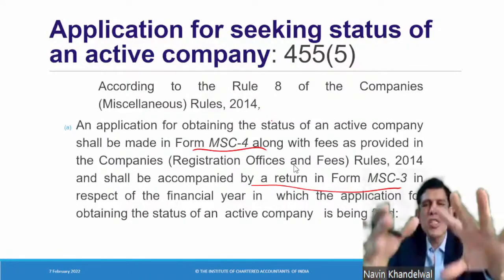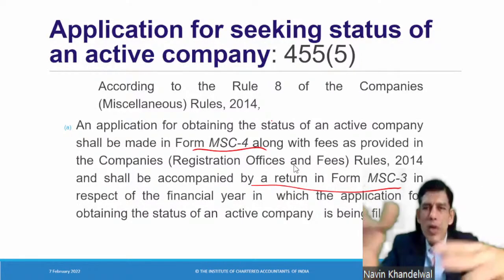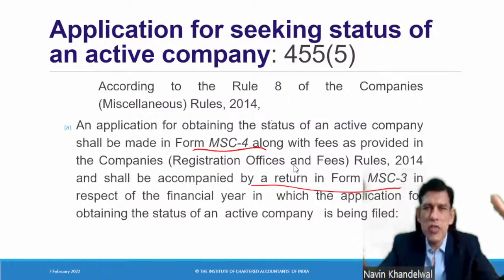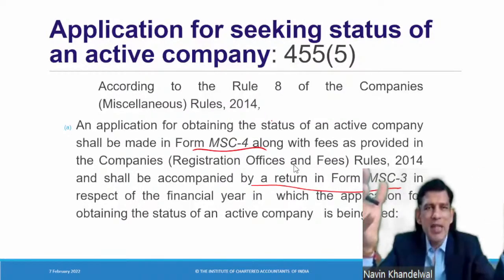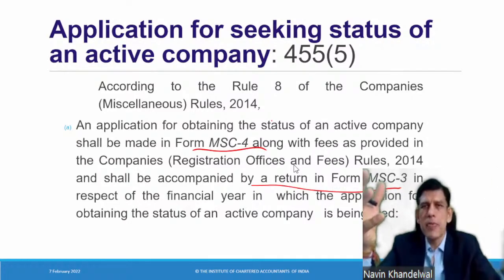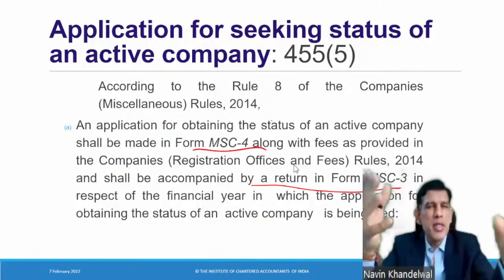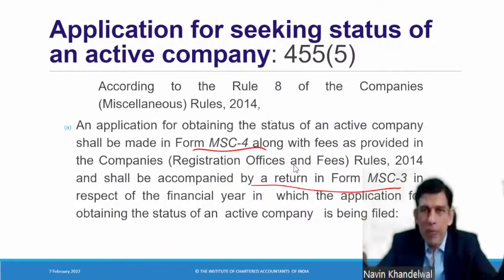So whenever you do the search of a particular company, you will find the status of the company. The status will be mentioned as active, dormant, strike off, company under CIRP, company under liquidation. These are the various stages of a company.